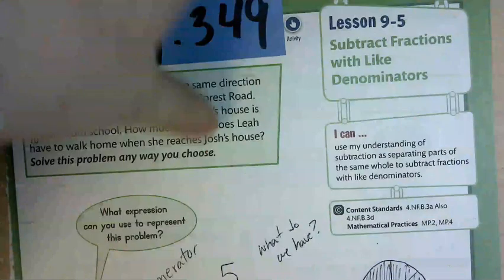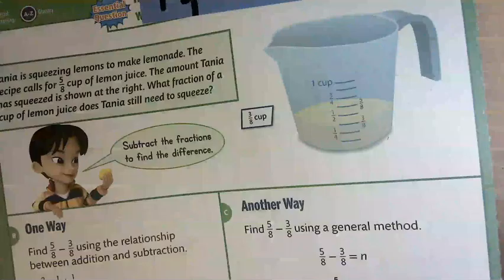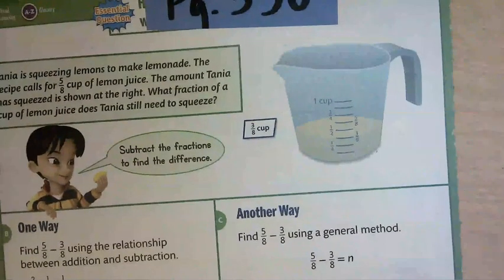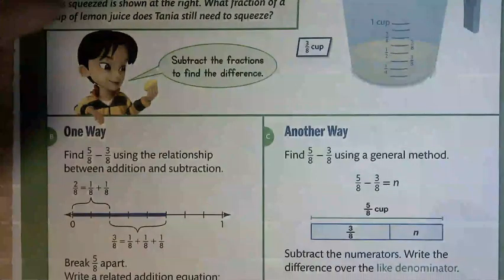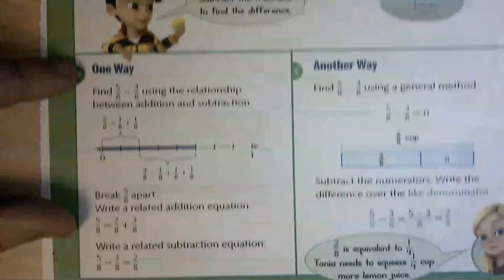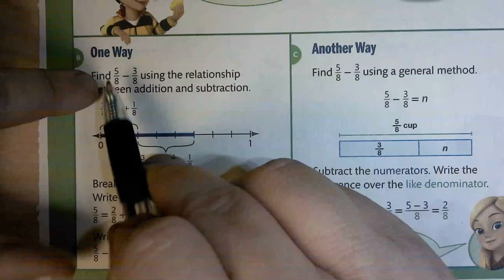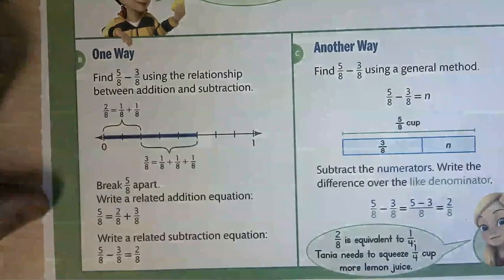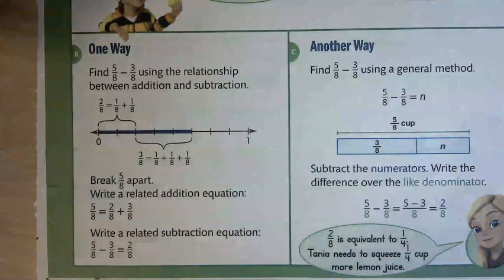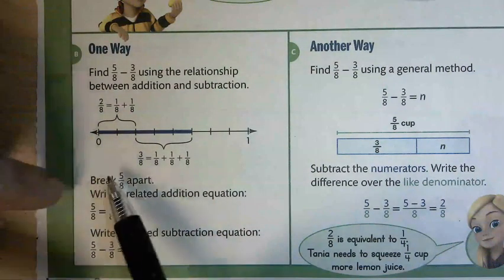So let's go ahead and turn to the next page, page 350. As we turn here, we can see that we've got some problems. We're going to skip right down to box B. It says, find 5/8 minus 3/8 using the relationship between addition and subtraction. What does that mean?